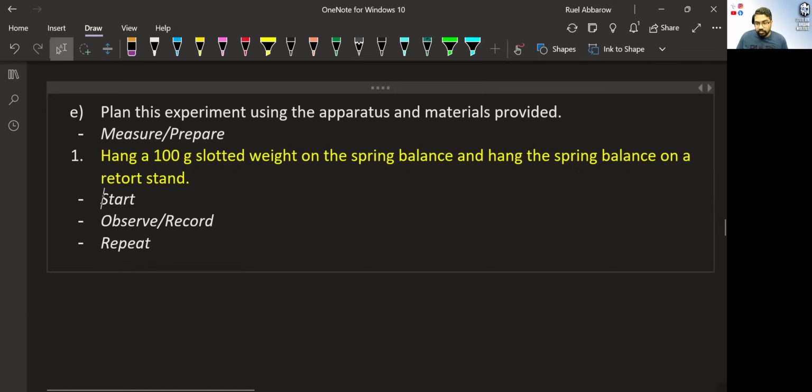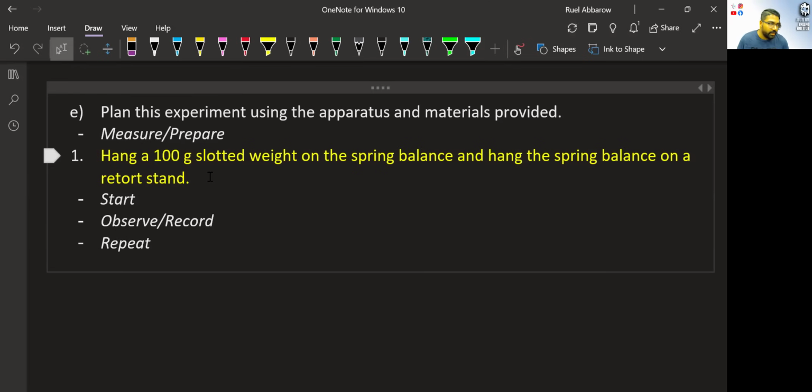Okay, then step 2. After you've done that, we have to remember how we are going to get the buoyant force. We are calculating the buoyant force here by getting the difference between the weight in air and the weight in water, right?